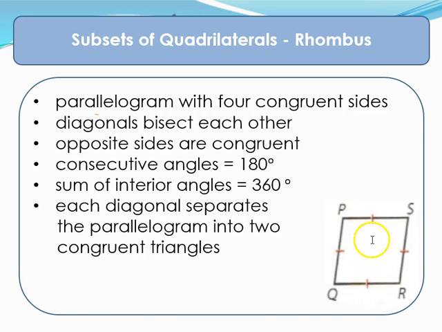The interior angles are 360. And each diagonal separates the parallelogram, or the rhombus in this case, into 2 congruent triangles. So the important difference between a rectangle and a rhombus is a rectangle has 4 90-degree angles. The rhombus has 4 congruent sides.